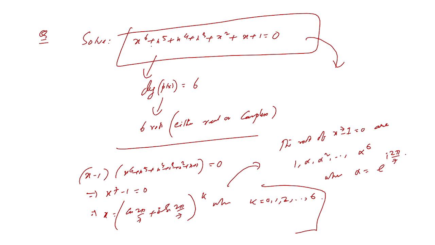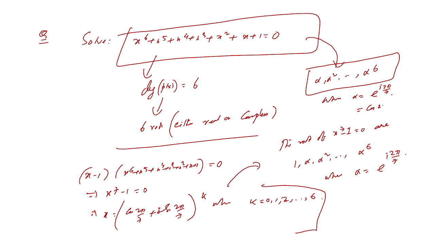So the roots of x to the power 6 plus x to the power 5 and so on are alpha, alpha square, up to alpha to the power 6, where alpha equals e to the power i 2 pi by 7. Apply Euler's theorem: it is cos 2 pi by 7 plus i sine 2 pi by 7. So these are the 6 roots of this equation.